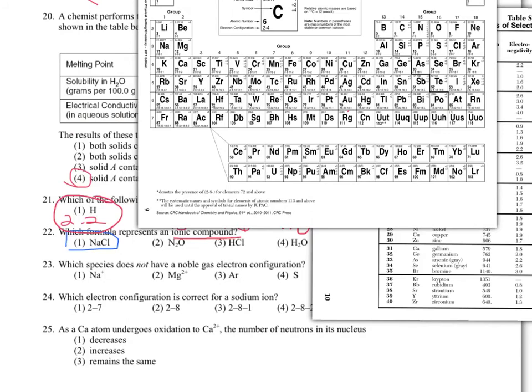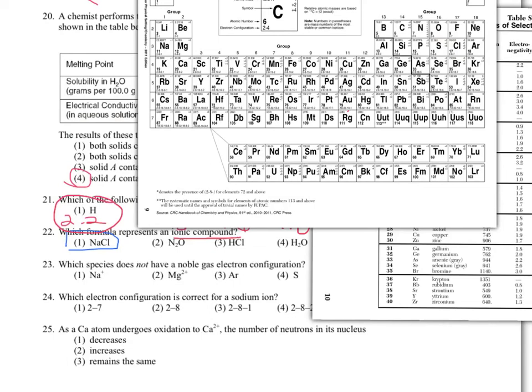Now dinitrogen monoxide forms a covalent bond because nitrogen and oxygen are both nonmetals and they cooperate by sharing electrons. Hydrochloric acid contains hydrogen and chlorine, 2 nonmetals, again a covalent bond, and water contains hydrogen and oxygen, 2 nonmetals, again containing a covalent bond.